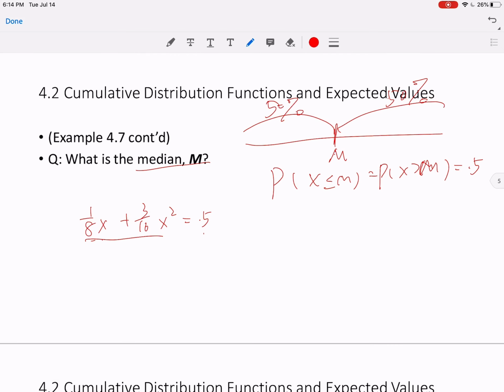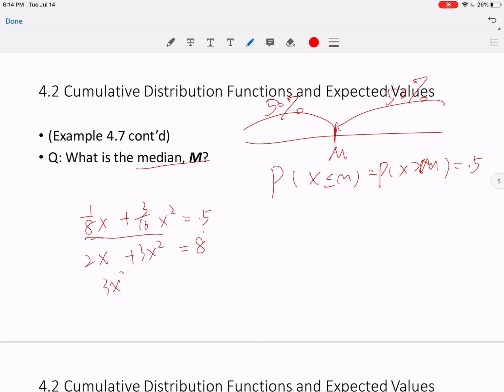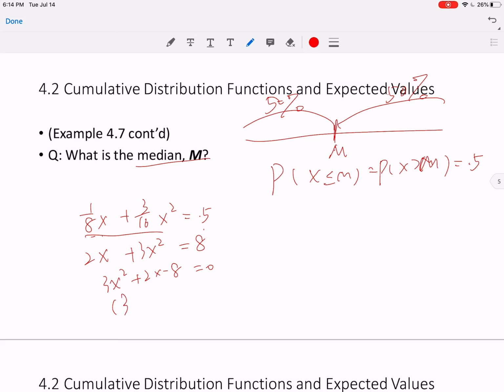First of all, we want to get rid of the fractions, so multiply both sides of the equation by 16. We're going to have 2x plus 3x squared equal to 8. Then we move 8 to the other side: 3x squared plus 2x minus 8 is equal to 0. If you factor this, it's going to be (3x minus 2) times (x plus 2) equal to 0.